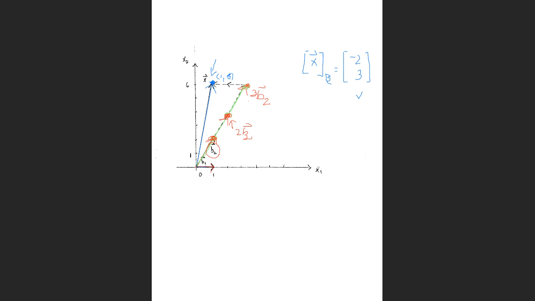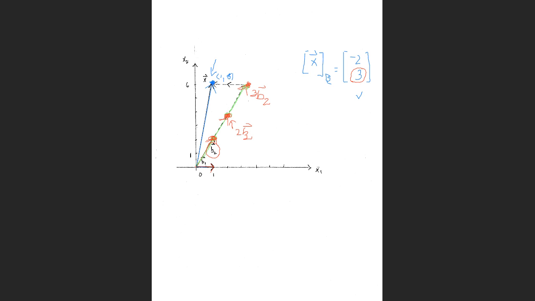This is like the problem where you had to move along the graph with the vectors on it and find the right linear combination of vectors that gets you to the right vector. Well, I go up 3b2.